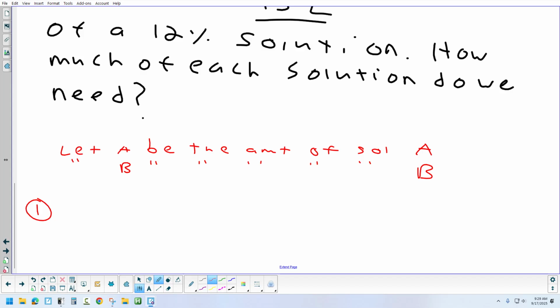A plus B. And we've got to make that into an equation. Perfect, equals 15. If that's all you knew, then you could say maybe it's 1 liter of A and 14 of B, or 2 liters of A and 13 of B. There's an infinite amount of answers. But we not only want to have 15 liters, we want to have 12%.